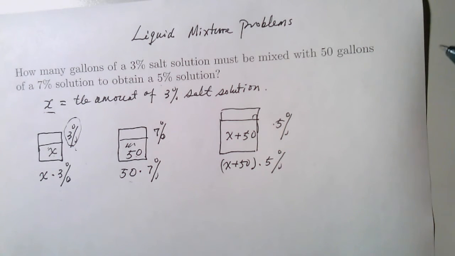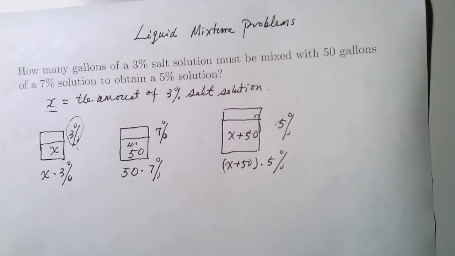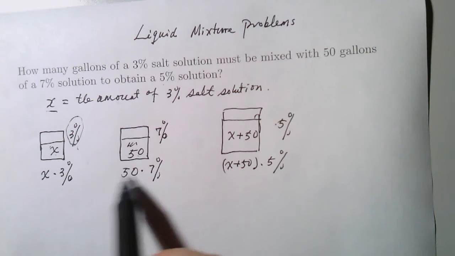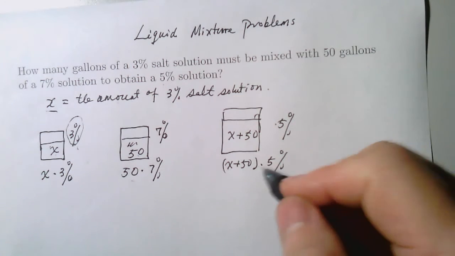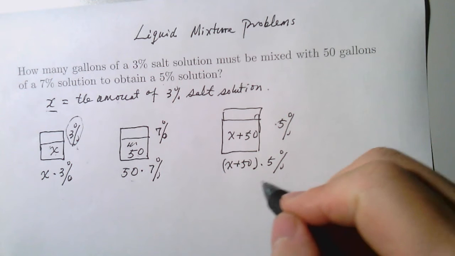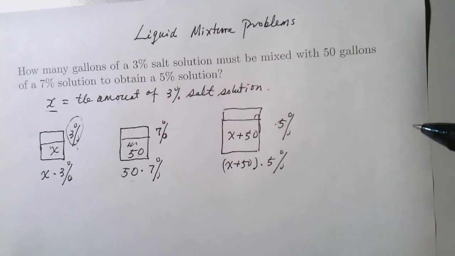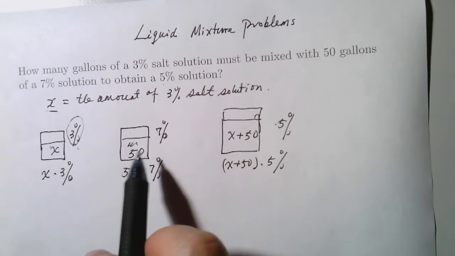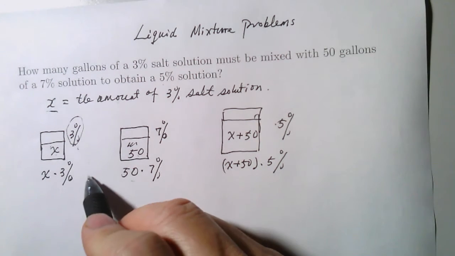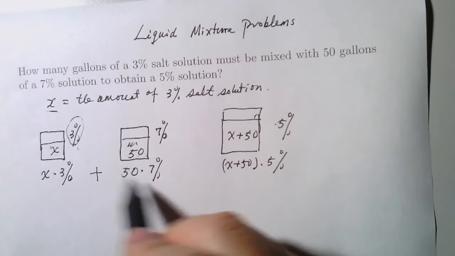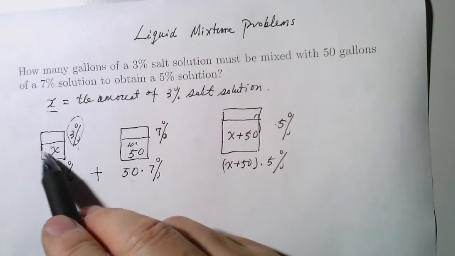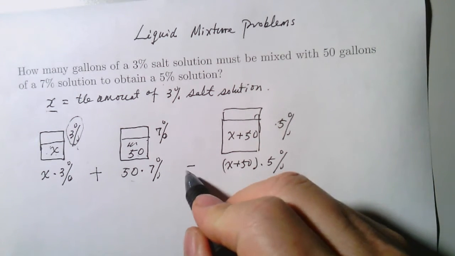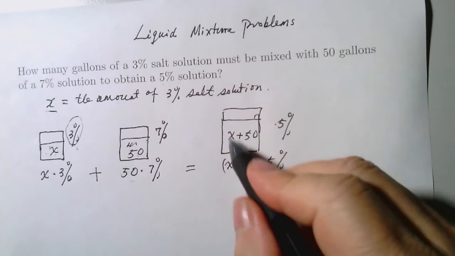According to the rule, the total amount of salt before mixing and after mixing should be the same. We add the total amount of salt from the two solutions, and it should equal the amount of salt in the mixture.